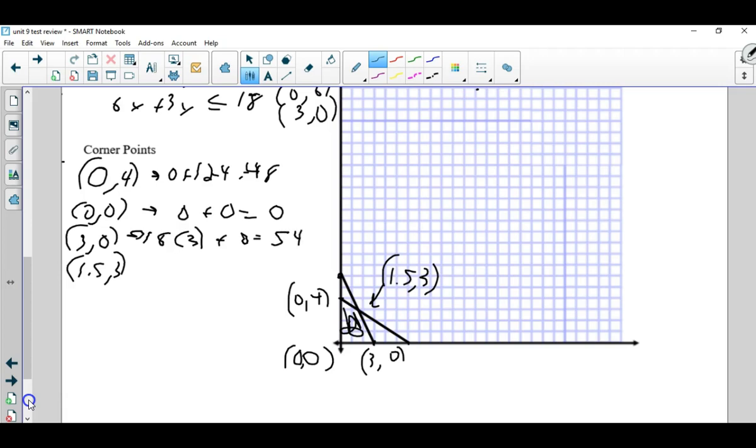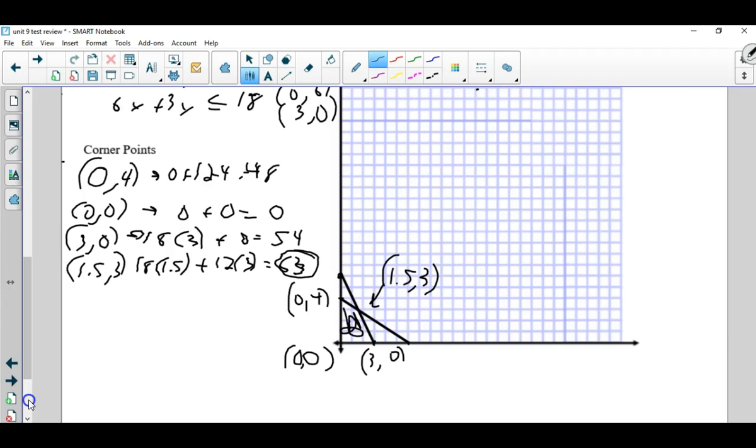And 1.5, 3 is 18 times 1.5 plus 12 times 3 equals 63. Now we're looking to maximize profits. Well, technically, 63 is the biggest number, correct?